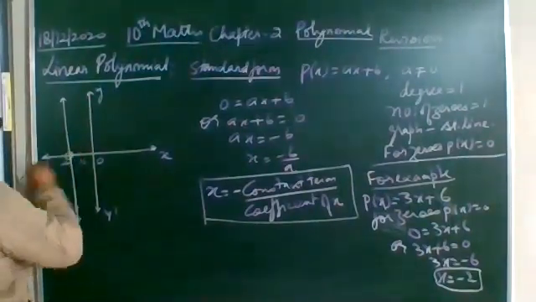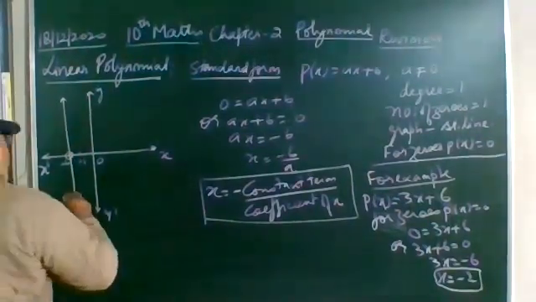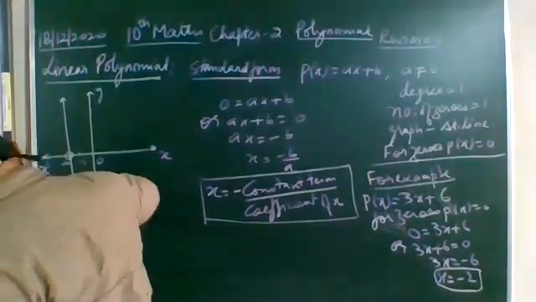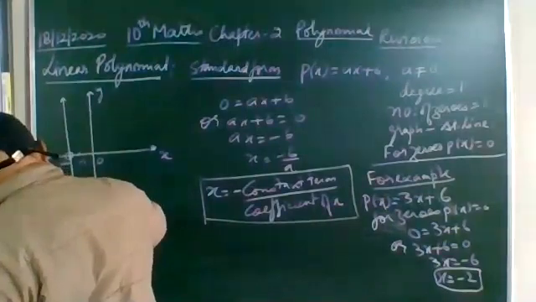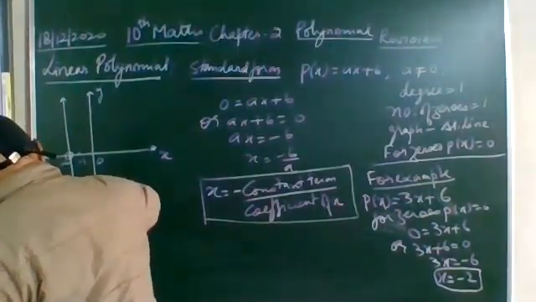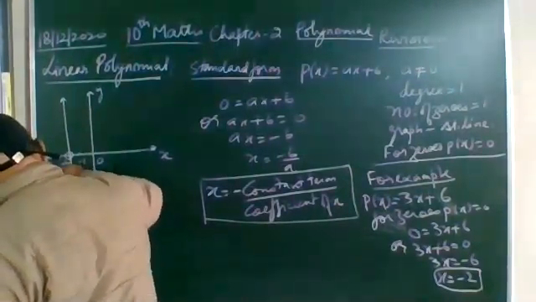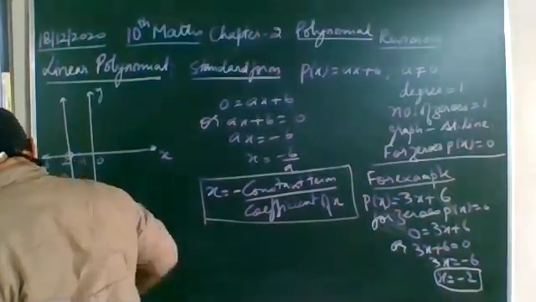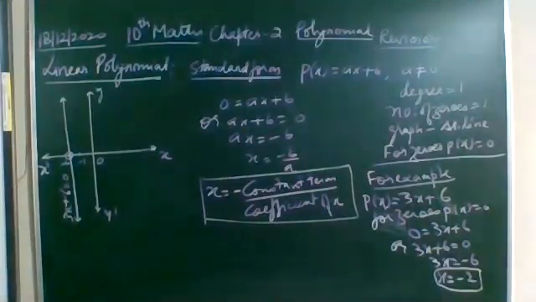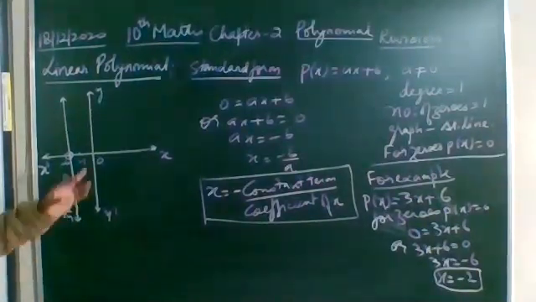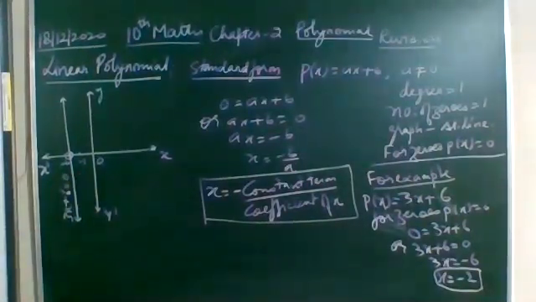So this is x + 2, that is 3x + 6 = 0. That is, this is the line. So I have explained the linear polynomial: degree is 1, so the graph is a straight line.